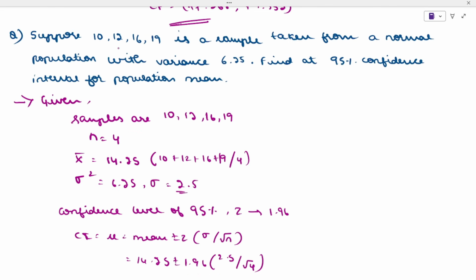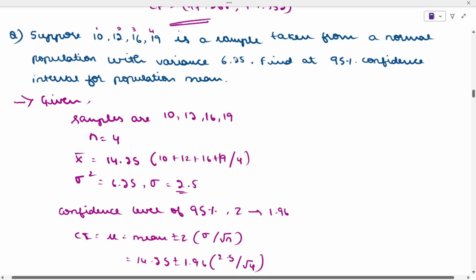Now again, they have given four samples taken from variance, and 95%. For this, you have to take 1.96. n is equal to 4 because they have given the first, second, third and fourth samples. If you take the average, that is add all and divide by 4, you will get 14.25.